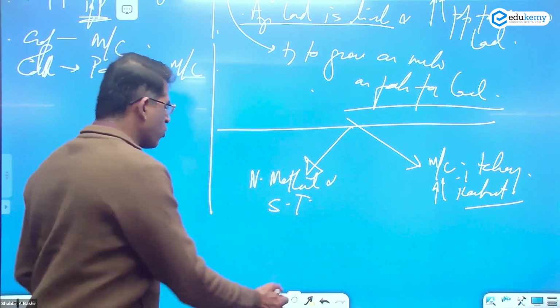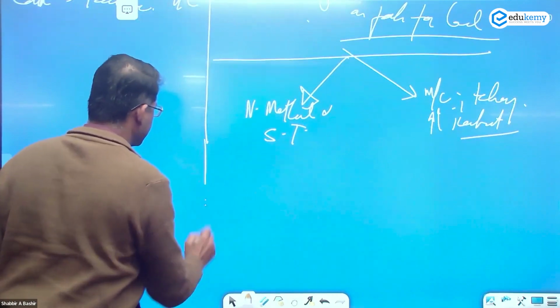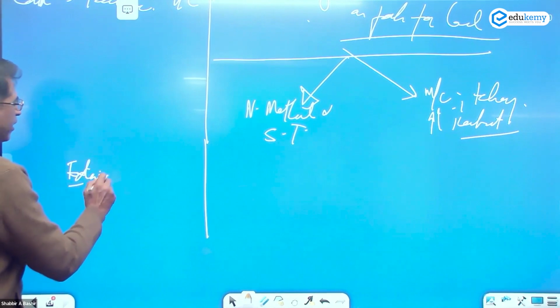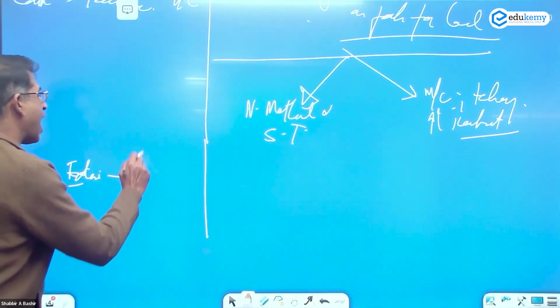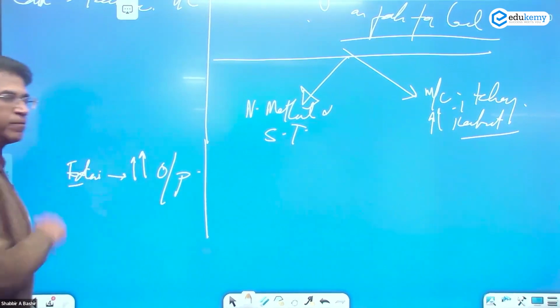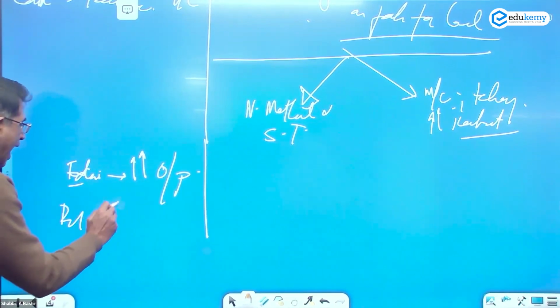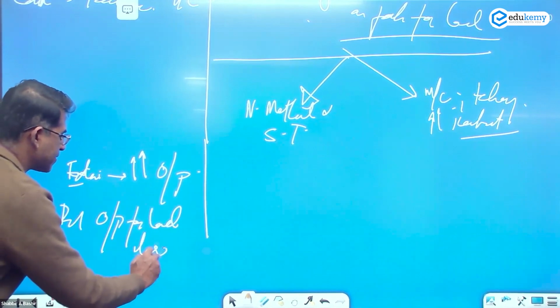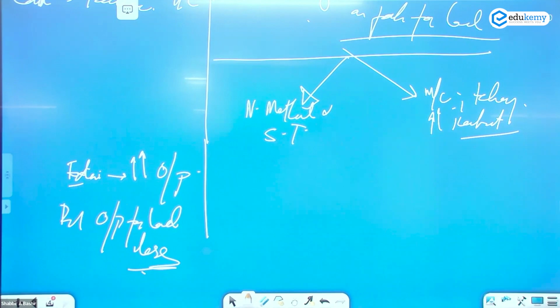So one answer will say that extensive farming has very high output, but output per land will be less. बहुत सारा land शायद use ना हो.